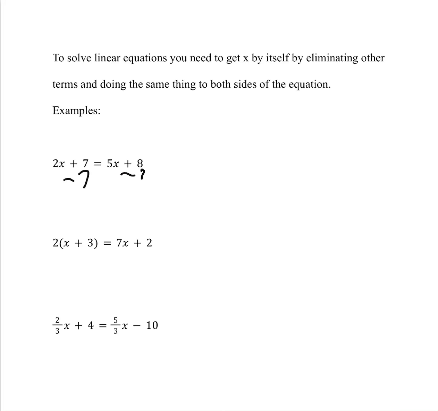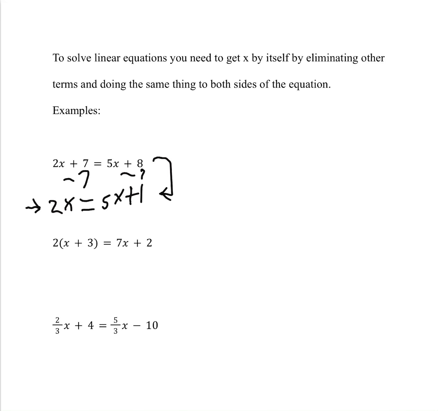If you subtract 7 on both sides, what you're going to get is 2x equals 5x plus 1. Now, equality still holds from here to here because I did the same thing to both sides of the equation. I subtracted 7 from both sides.